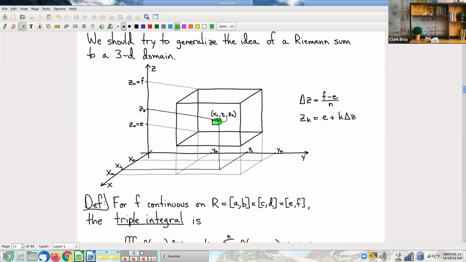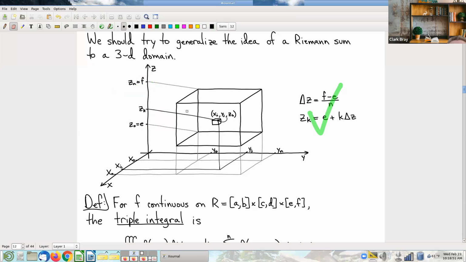And the details are to be worked out. I need to be able to talk about where they are, so I need to define their coordinates, which means I need to chop up this interval from E to F, not A to B, C to D, but E to F. That's just to make it precise what we're doing.